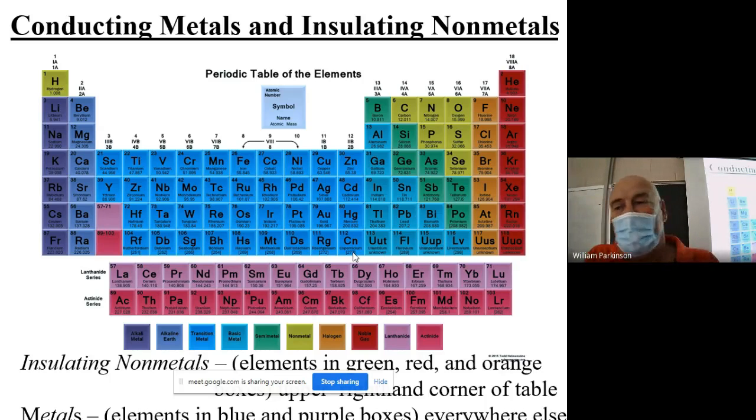Most of the plastics are insulators. Wood is, of course, as you can imagine, made mostly of carbon and hydrogen, smattering of oxygen in there as well. These elements are non-metals. These elements are insulators. Wood is an insulator as well because of the stuff that it is made from.